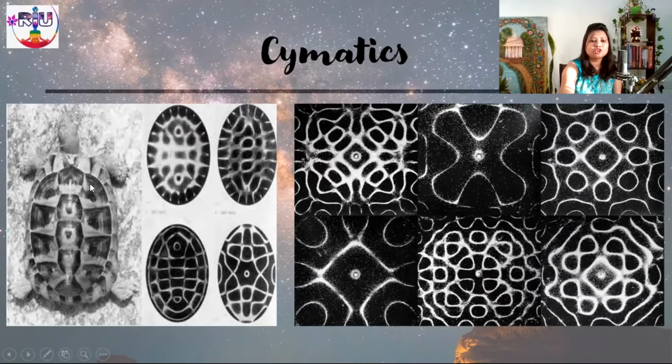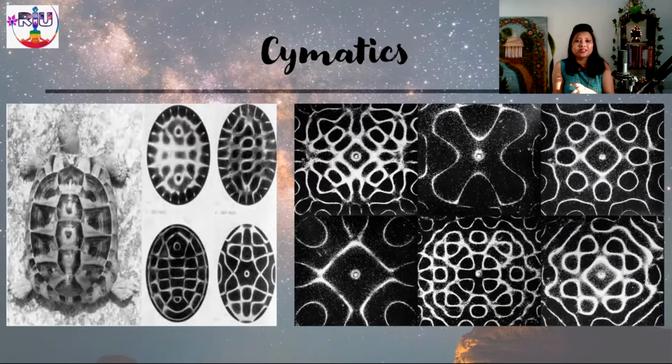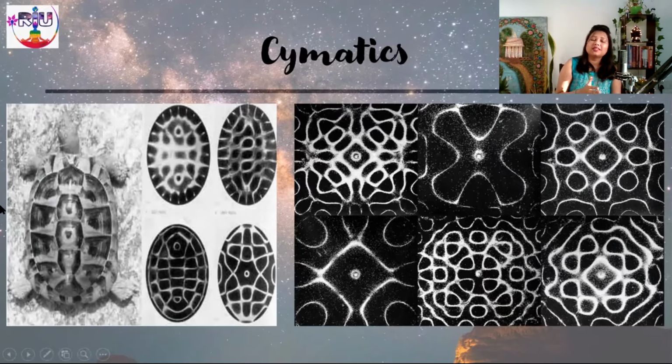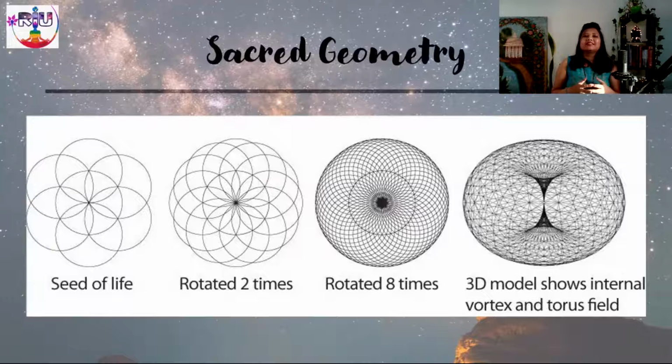Here in this picture we can see a real turtle, and these are its vibrational imprints created in a laboratory through an experiment where a similar frequency of the turtle is created in a plate, and this pattern is found, which is similar to the turtle shell's pattern. Isn't it amazing? That means we also have our vibrational imprints in our body, as I showed you before, as the fingerprints. You know, sacred geometry is the basic building block of the universe.